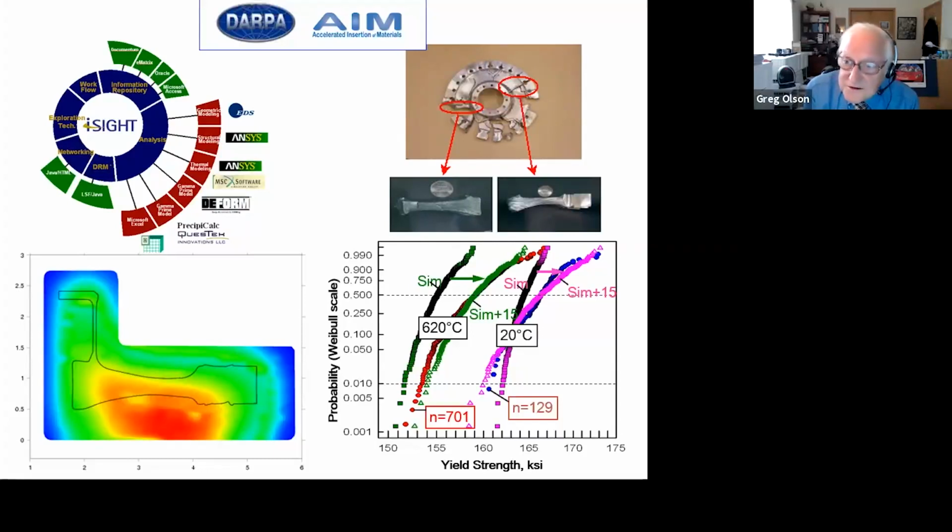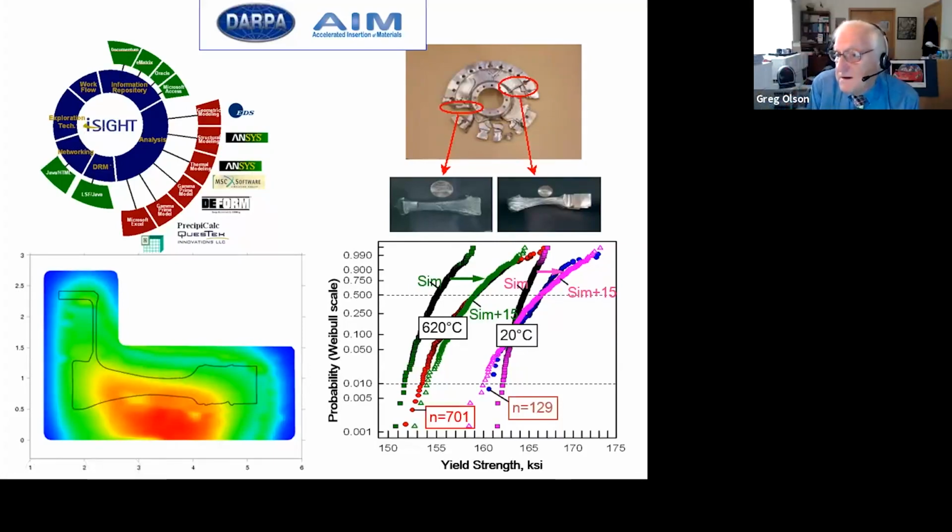And very accurately control it and use it to demonstrate it in process optimization, validating predicted overspin burst speed of a turbine disk.